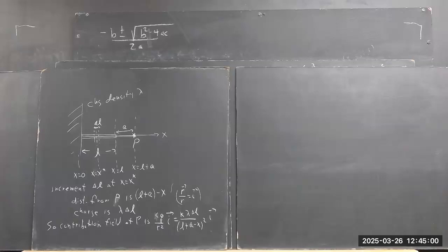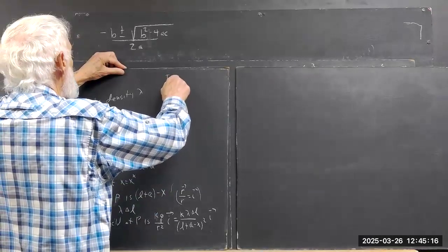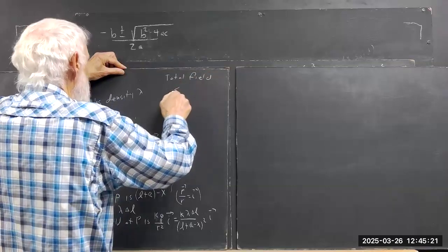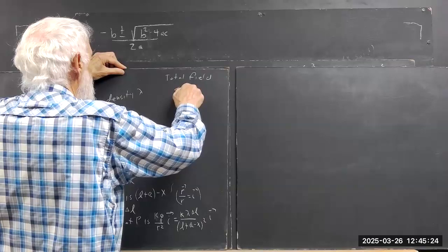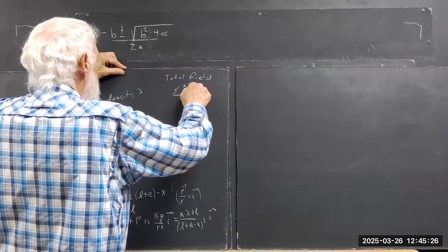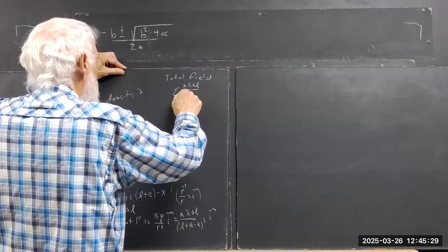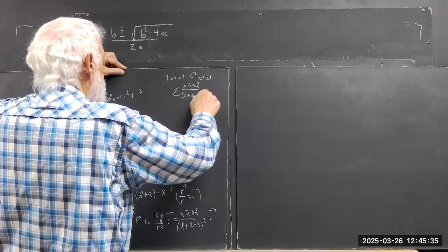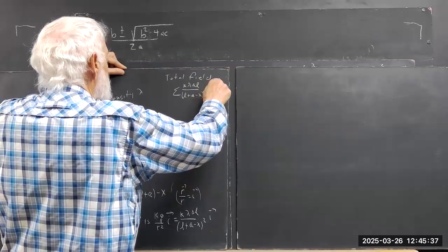So there it is. This leaves the integral as the sum of k lambda delta L over L plus A minus x, quantity squared, times i.